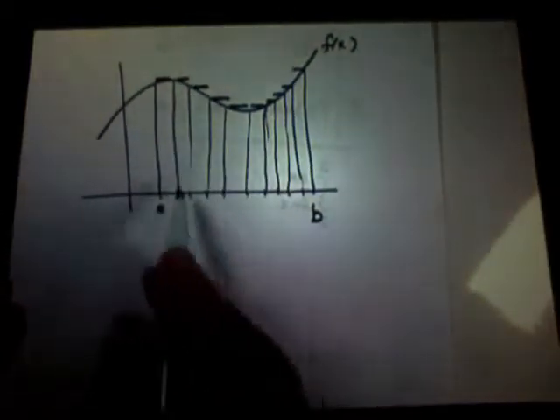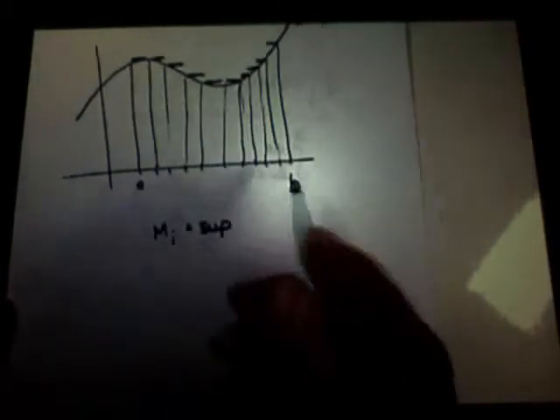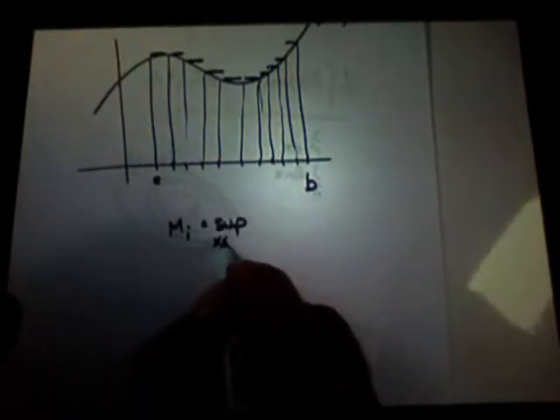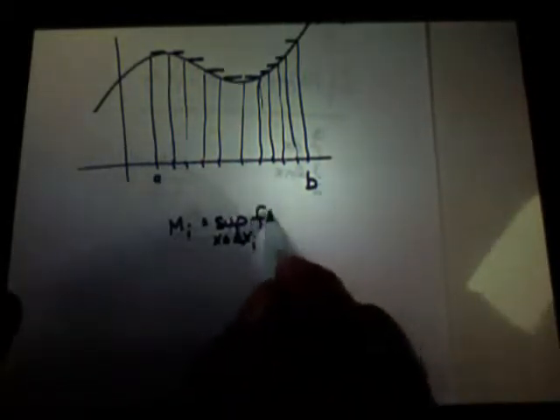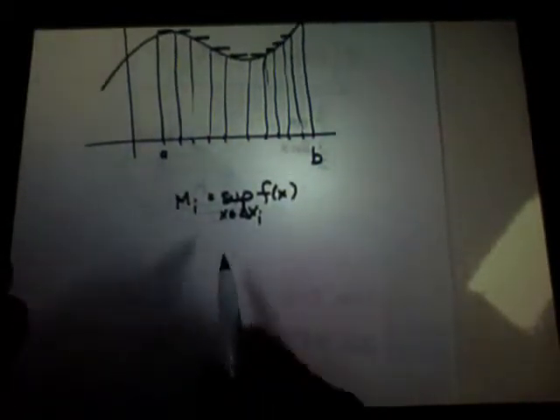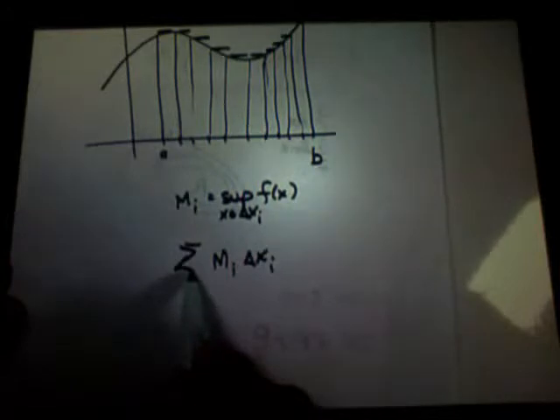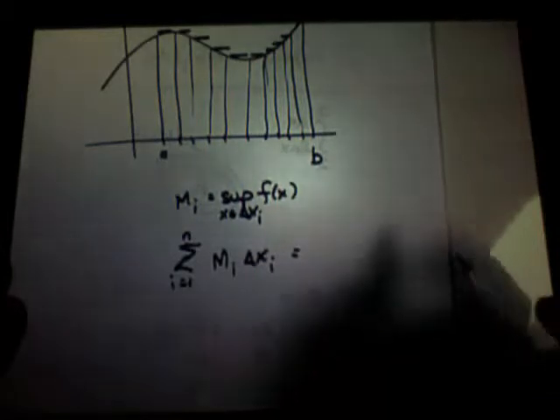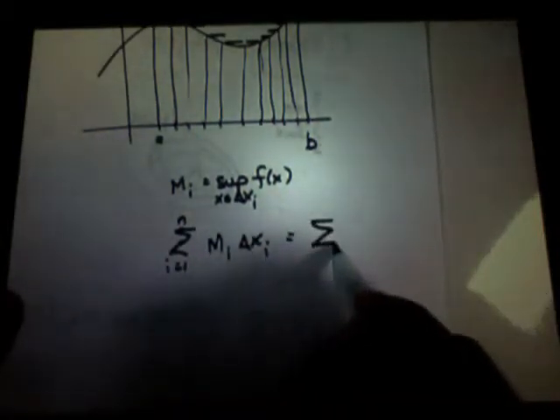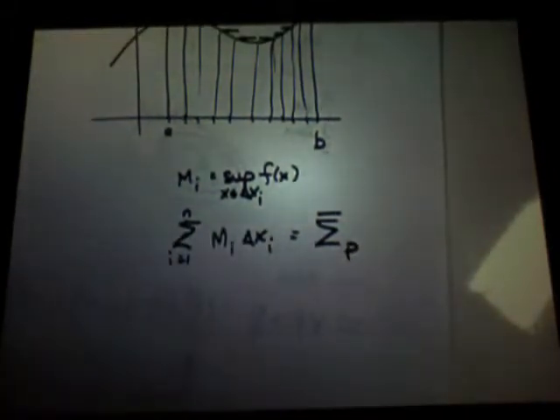In the ith subinterval, if m sub i is the sup for x in delta x i, the ith interval, of f of x, then the sum of m sub i delta x sub i, i equals 1 to n, is an upper Darboux sum corresponding to that partition. And then you do the same thing with the infs.